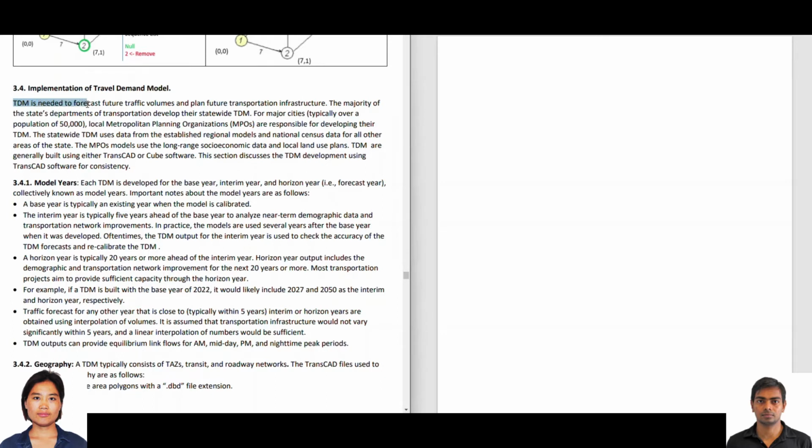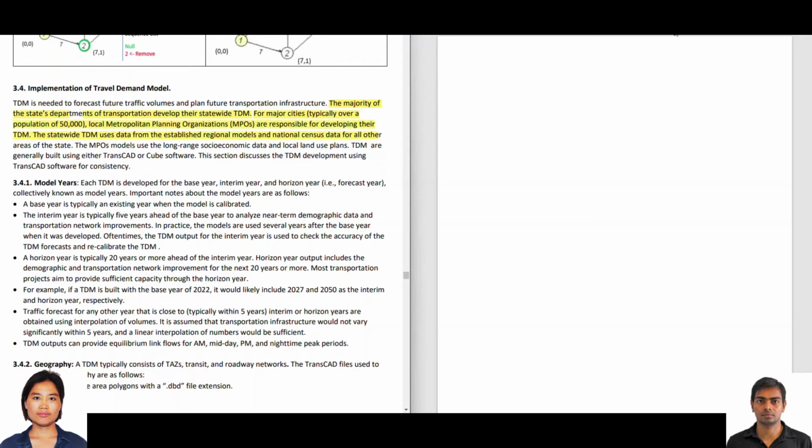Travel demand model is needed to forecast future traffic volumes and plan for future transportation infrastructure. Like I mentioned, the majority of State Departments of Transportation develop their statewide travel demand model, and for major cities, typically over a population of greater than 50,000, local metropolitan planning organizations are responsible for developing their travel demand model.